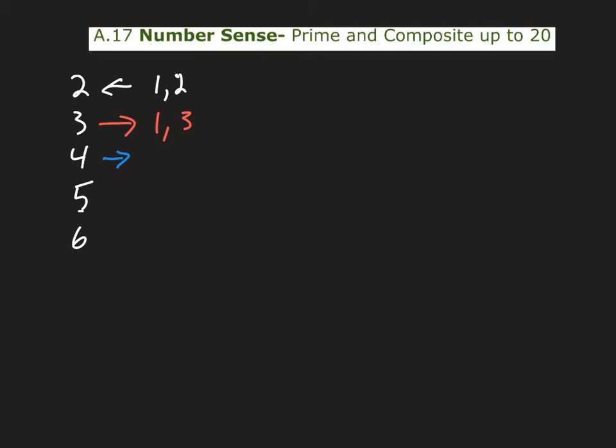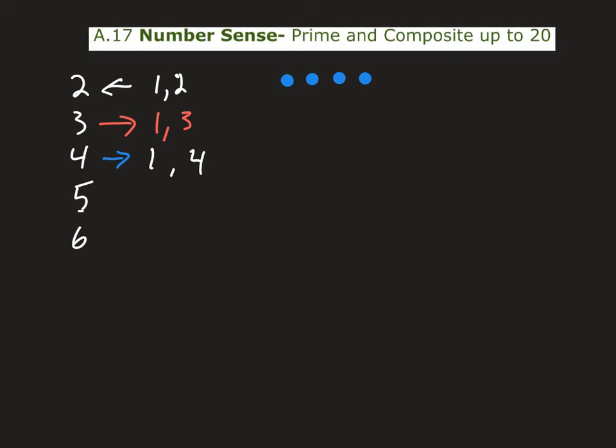I could do it a couple different ways. I could always do 1 by 4. So 1 is always going to be a factor. If you multiply any number times 1, you always get that number. So whenever we're looking for factors, you can always do 1. And in this case, we've got 1 and 4.